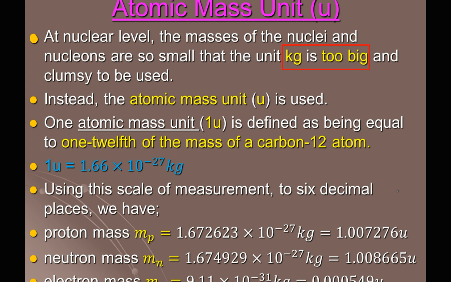Imagine the mass of a proton is 1.672623 times 10 to the power of minus 27. That mass is too small to use the unit kilogram.